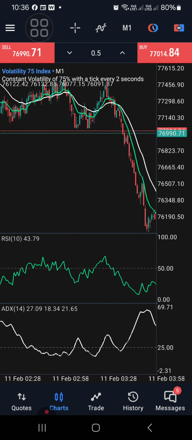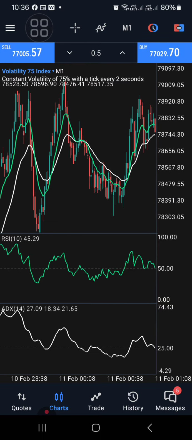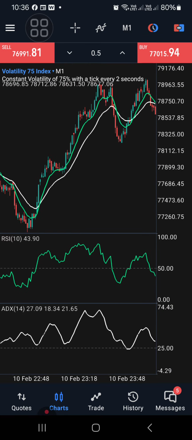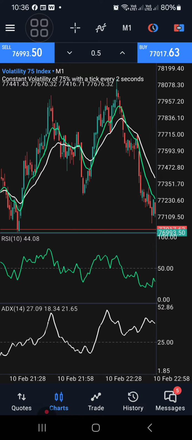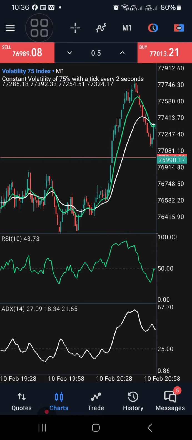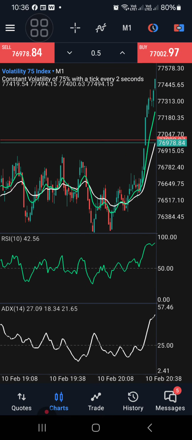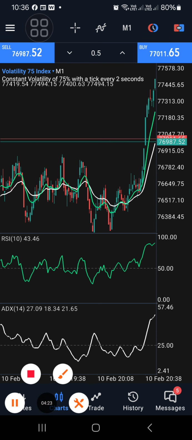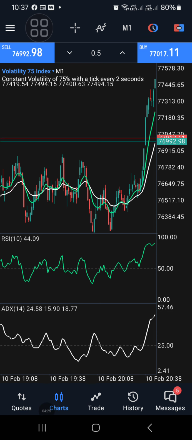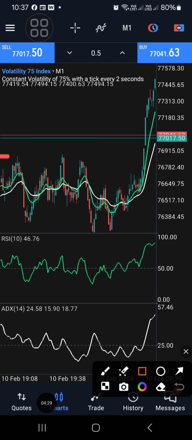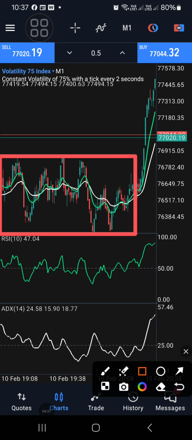But we normally face this problem with all exponential moving average crossover strategies, or any moving average crossover strategy, when the market consolidates, like for example here. This is the main reason why we are trying to solve this problem.